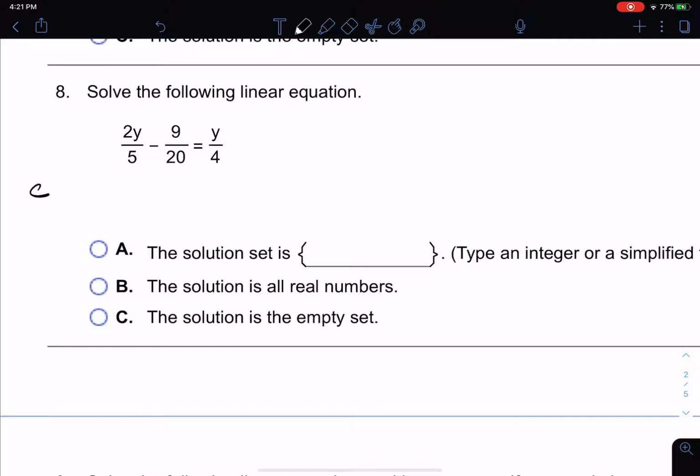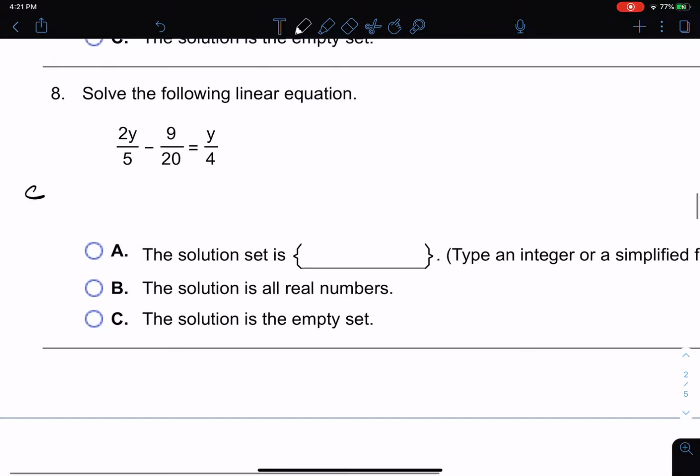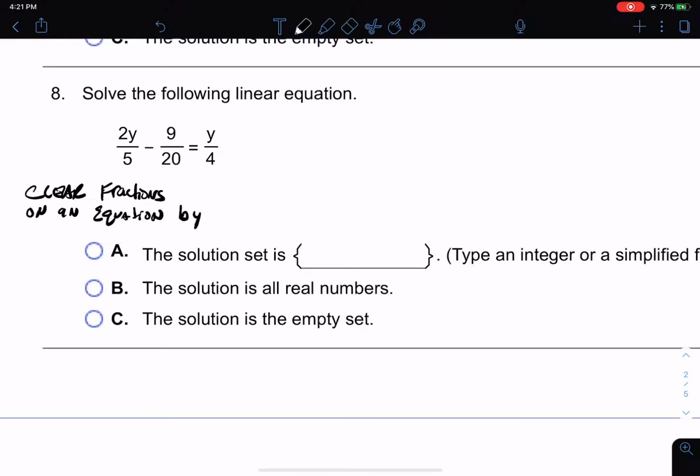Okay, let's take a note. Clear fractions on an equation by multiplying by the LCD.